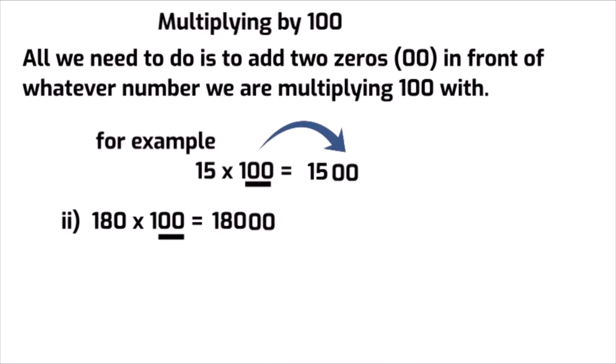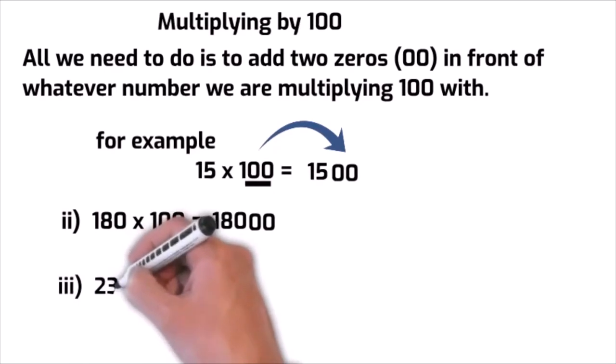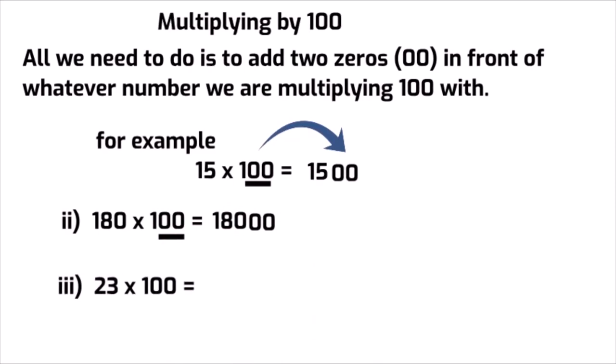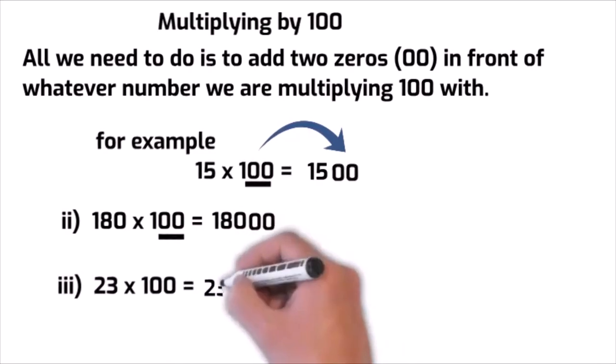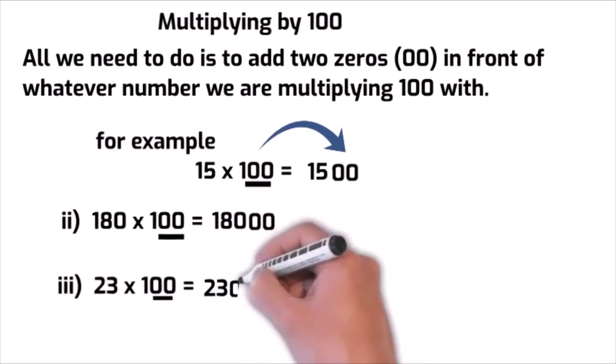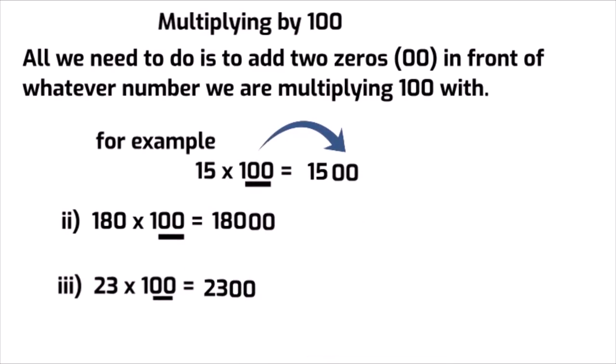Lastly on this, we have 23 times 100. We write down 23 and add 2 zeros in front of it. 23 times 100 gives us 2,300.